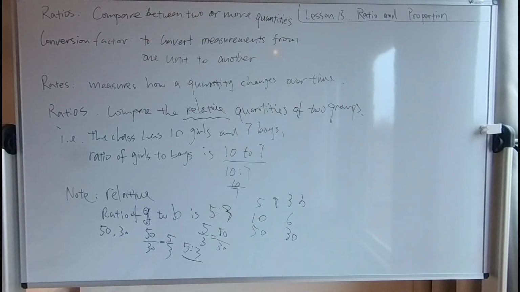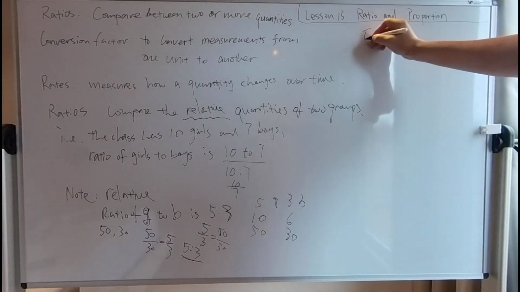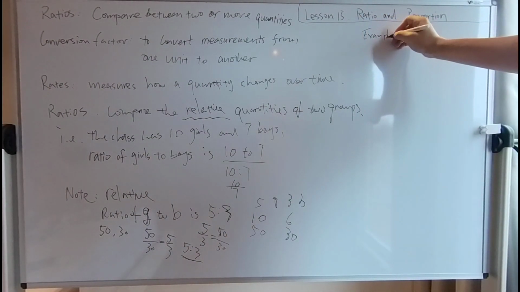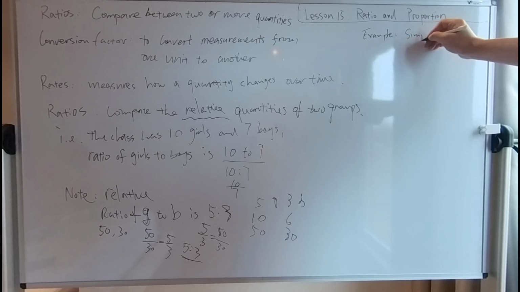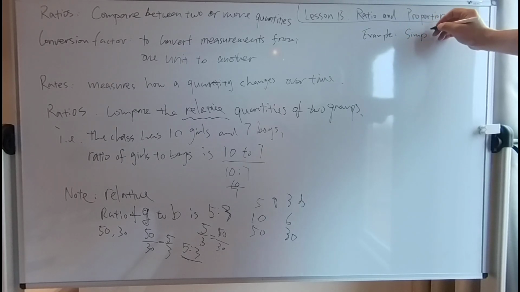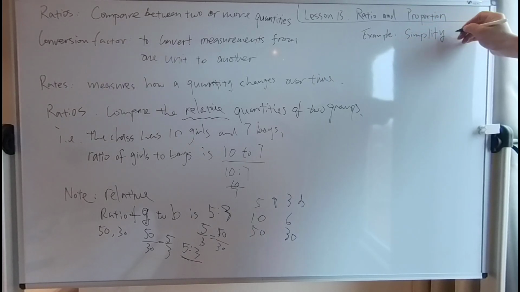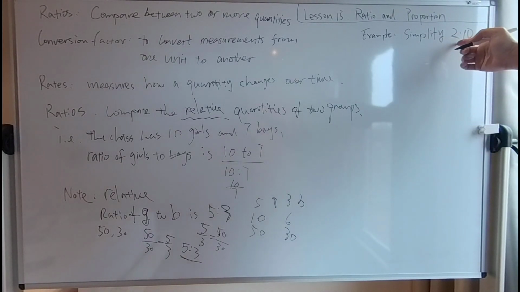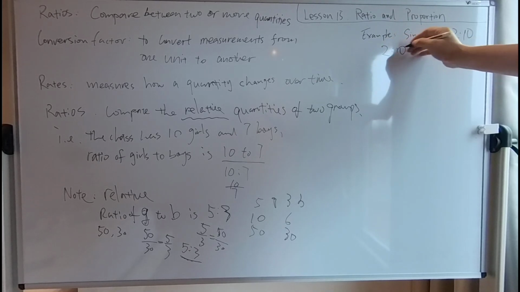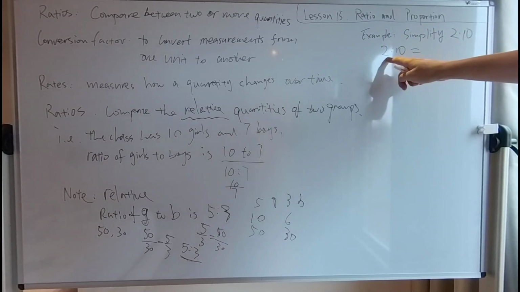We can see more examples of how to simplify a ratio. It's going to be the same as how we simplify a fraction. To simplify 2 versus 10, or 2 to 10, or 2/10, these have a common factor of 2.